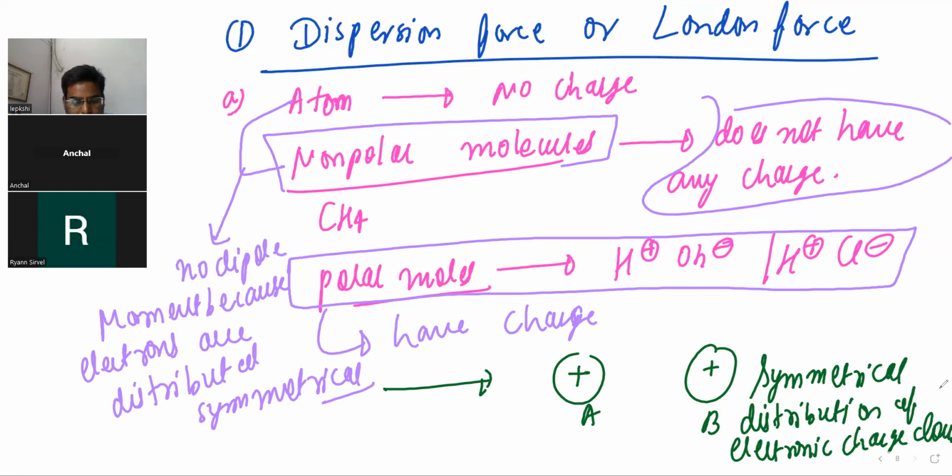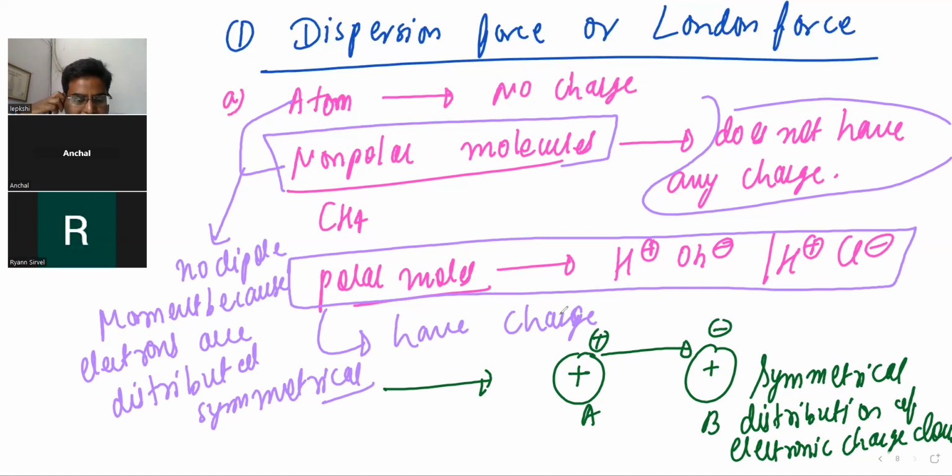Suppose there is transfer of an electron from here to here, then this will become minus and this will become plus for a moment. At that time it can become a polar molecule. So this is called a temporary dipole of atoms A and B. This force of attraction was proposed by the German scientist London.